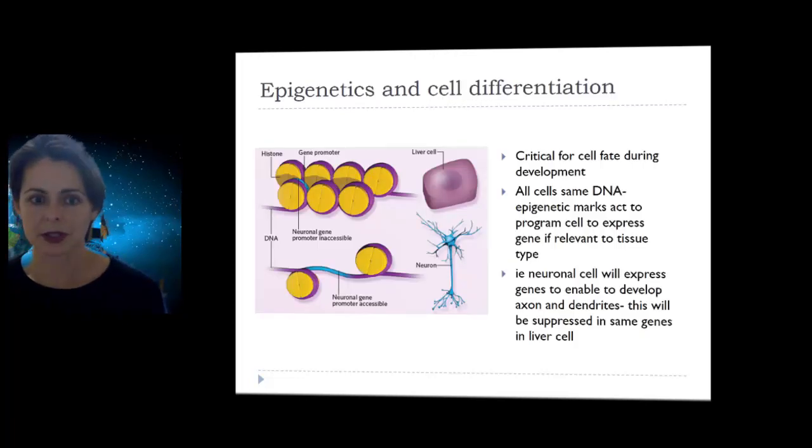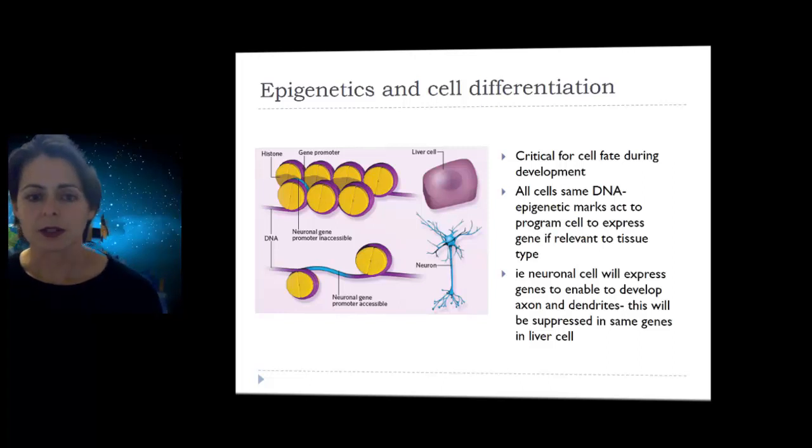I'm going to go through a few slides illustrating in a bit more detail what epigenetics looks like. But another key example of why epigenetics is important is the fact that in every cell of your body you have the same DNA, but you don't want cells in your brain developing into liver cells, and you don't want cells in your liver developing into neurons.